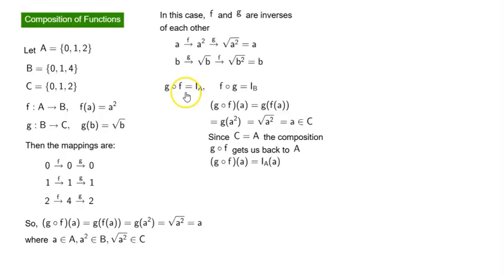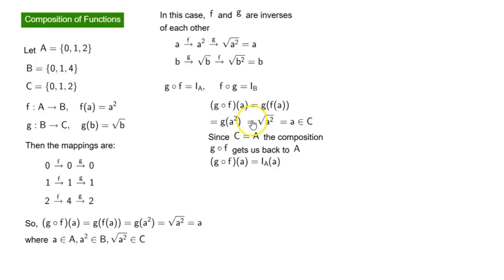G of f of A, for A from set A, is equal to g of f of A, and f of A gives us A square.